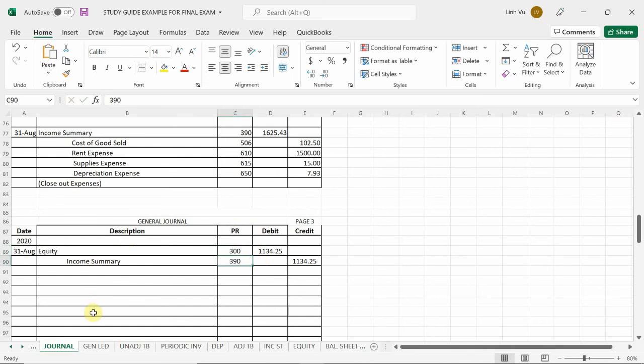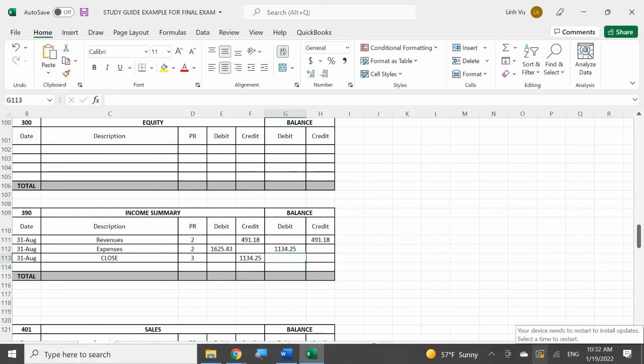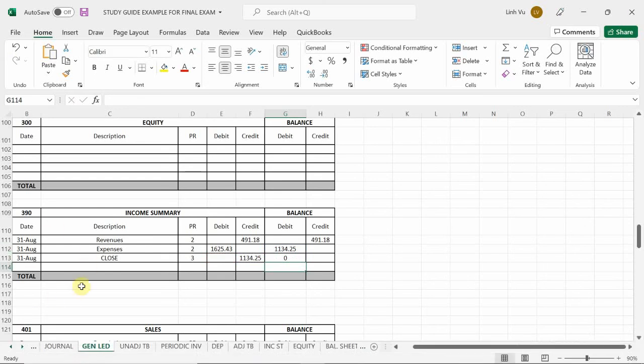Okay. And last but not least, we need to update this in our journal or our ledger. To make this account balance to 0, right?